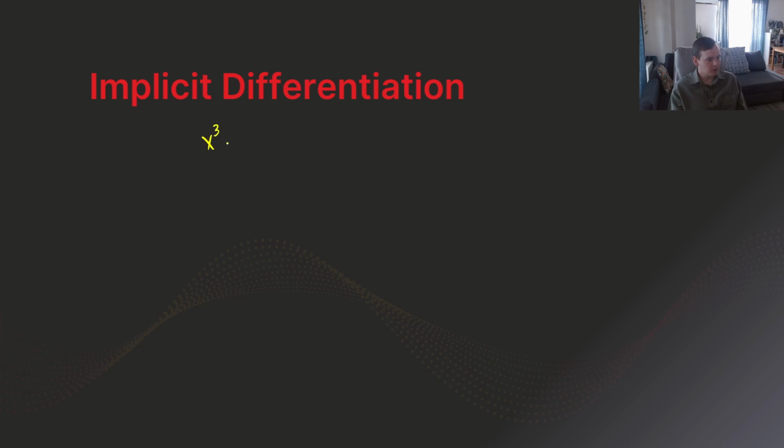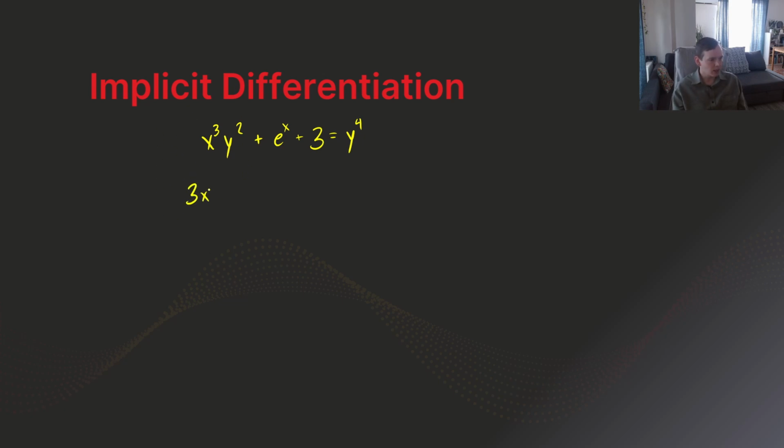So I'm going to make up a function, and hopefully it works out well for us to see things here. Let's say that that's equal to y to the fourth. Okay, implicit differentiation. Let's work the first step.